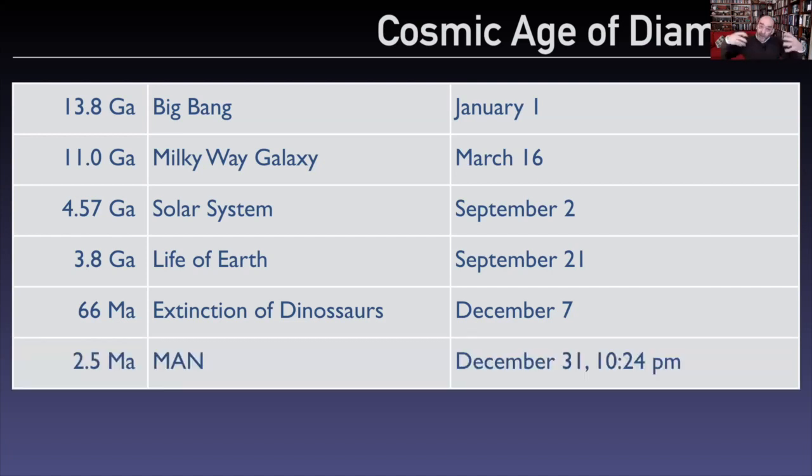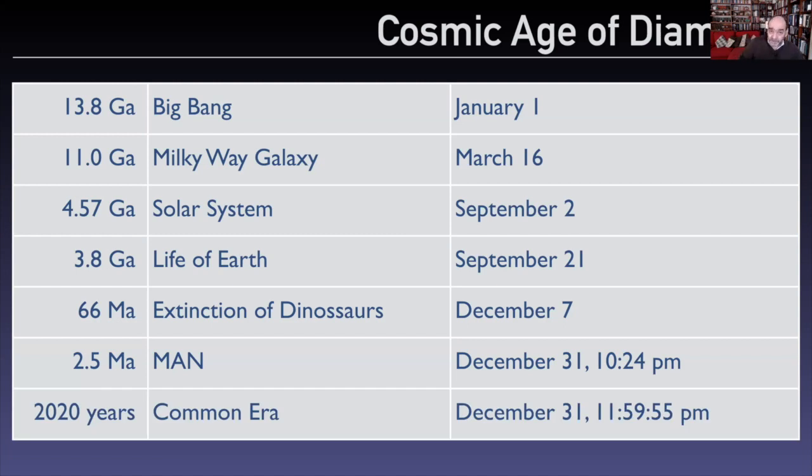And we, the species that is doing these things to the planet, we just arrived here 2.5 million years ago, about 10:30 on December 31st, when we are having New Year's Eve dinner. And the common era, when the Gregorian calendar started, is 5 seconds to midnight. And this is just to show our relevance in the universe.